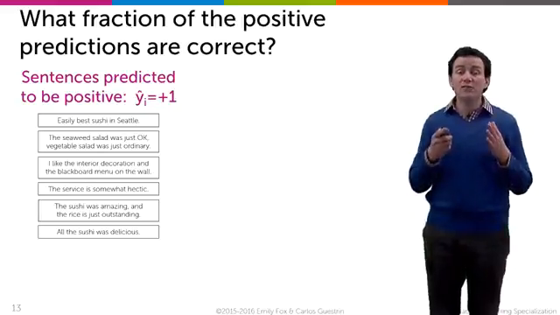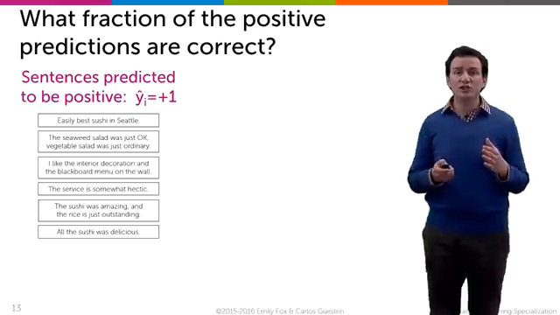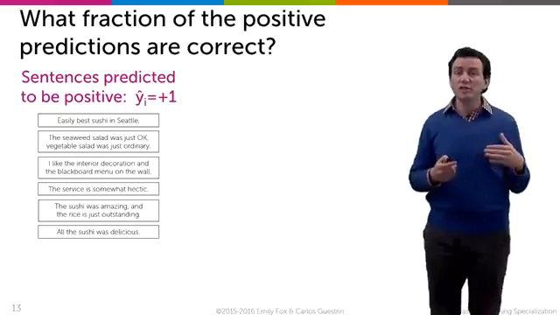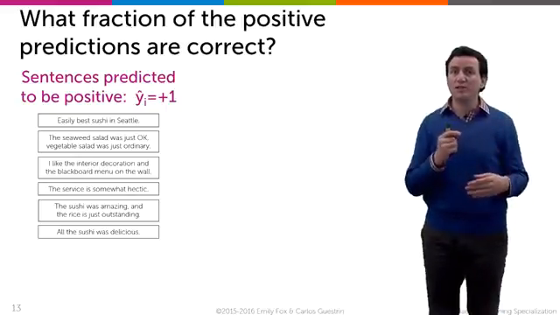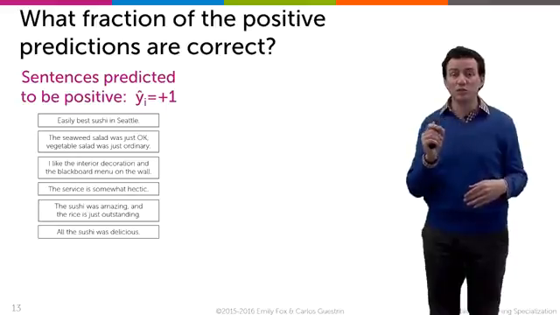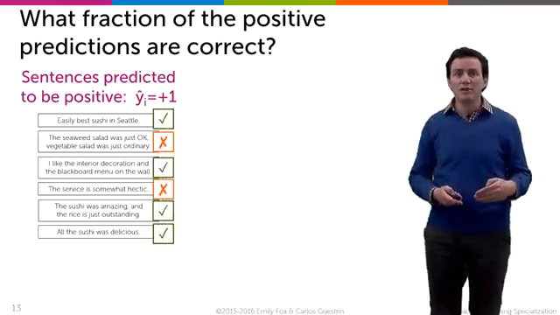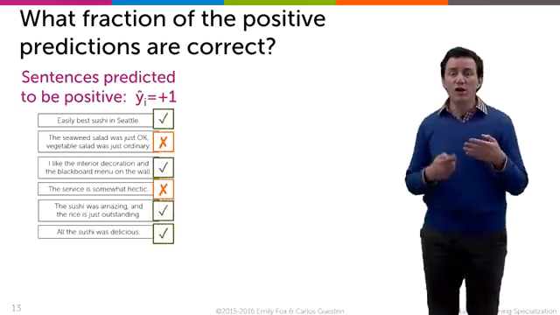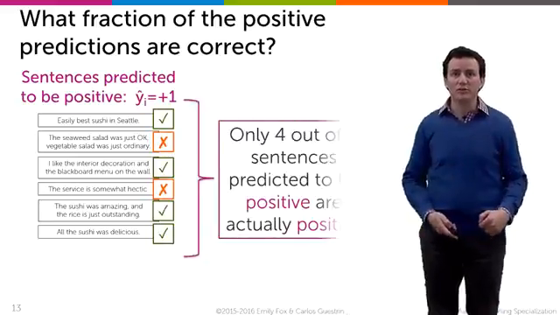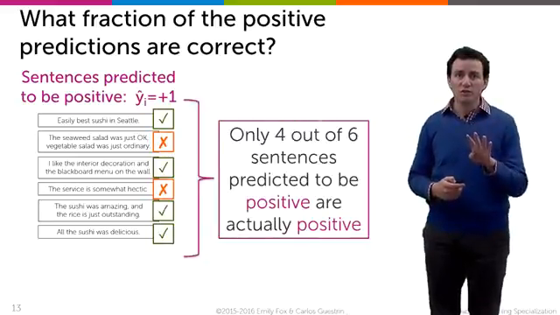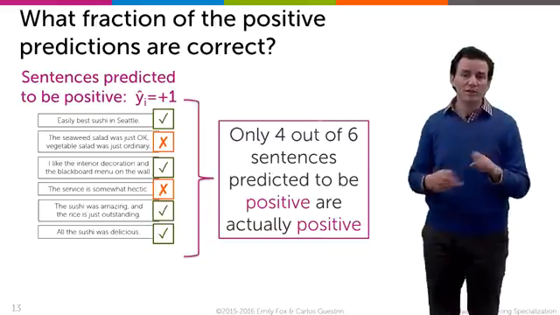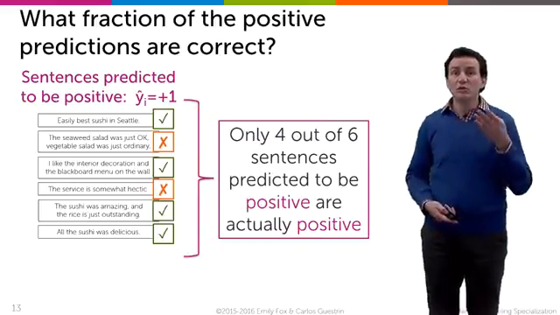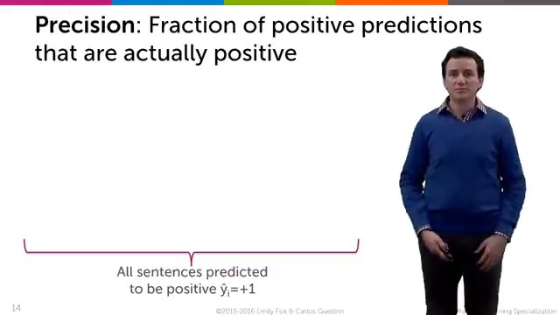Let's say that my algorithm predicted that the 6 sentences were positive, so it predicted y hat equals +1 for the 6 sentences. But in reality, only 4 out of those 6 were truly positive. So we got 4 truly positive ones and 2 false positives in the mix. So its precision was 4/6.